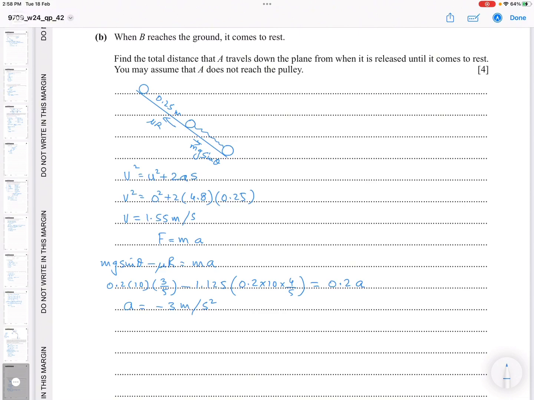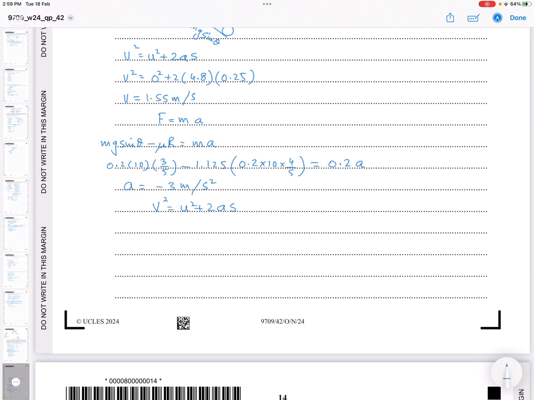Now use v square equals u square plus 2as. So v is 0 and initial velocity becomes 1.55, so 0 equals 1.55 square plus 2 times negative 3, and the distance is s.